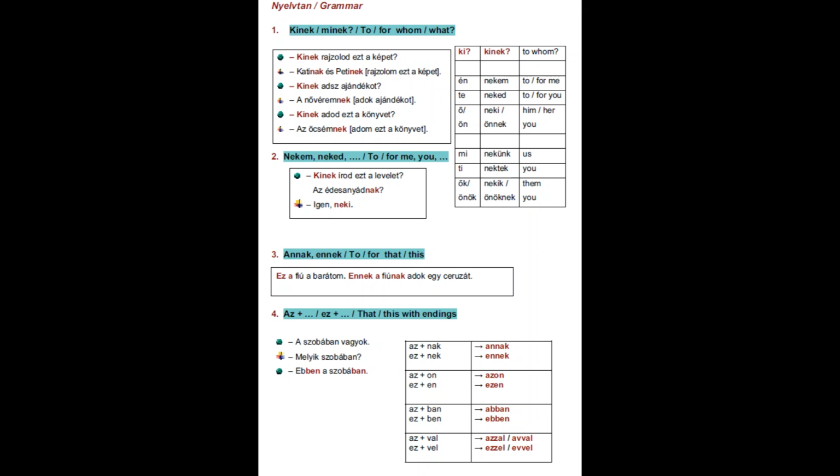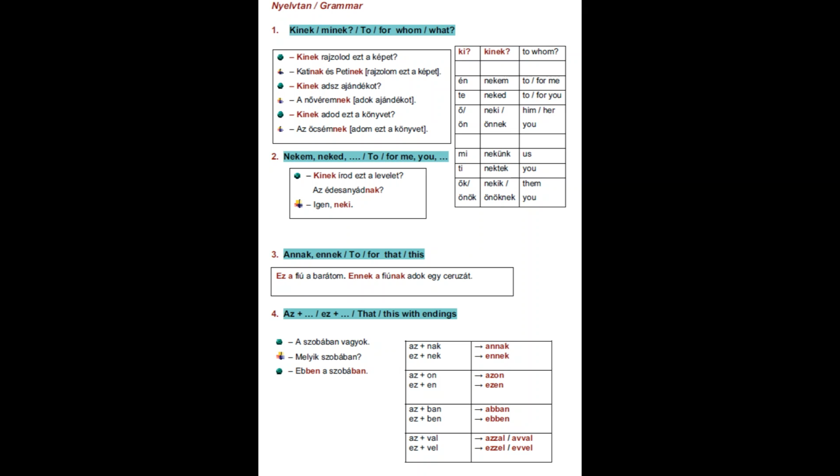Final set is "az" plus "val." Remember, the "val" and the "vel" is with. Okay? "Vele," with. So "az" plus "val" is either "azzal" or "avval." So very interesting, right? Both forms.